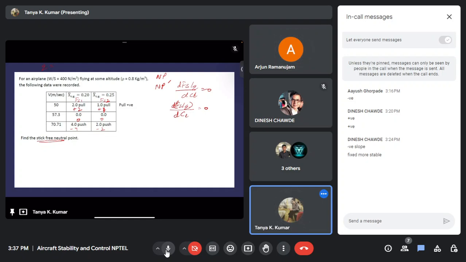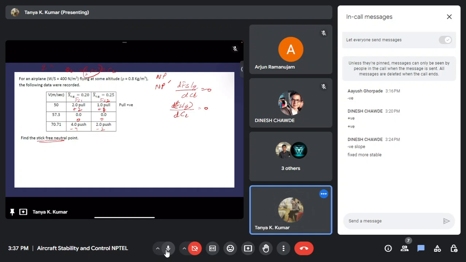Not the pitch rate. This was in terms of CL. So L is half rho V square S CL, right? So this dynamic pressure was q. So in this case, q is dynamic pressure, half rho V square.